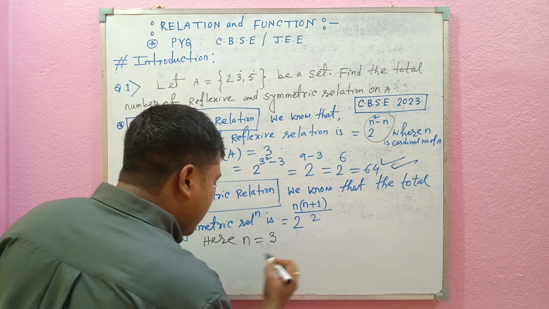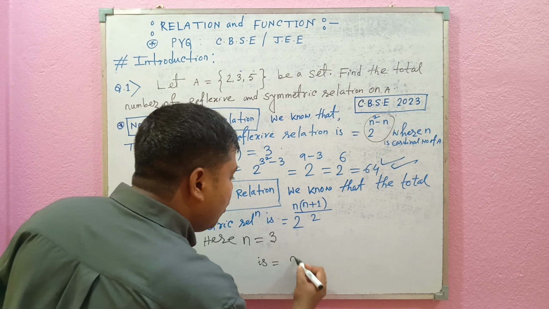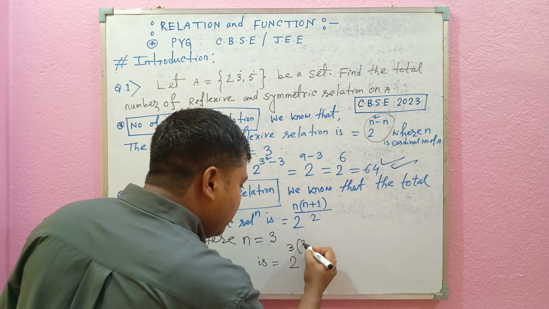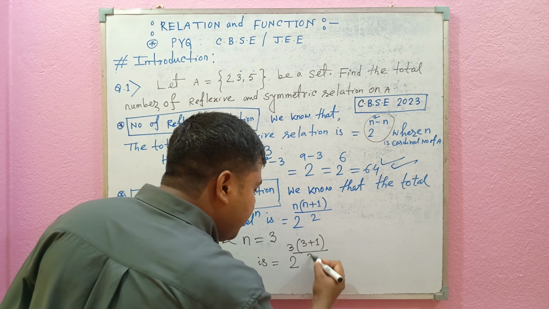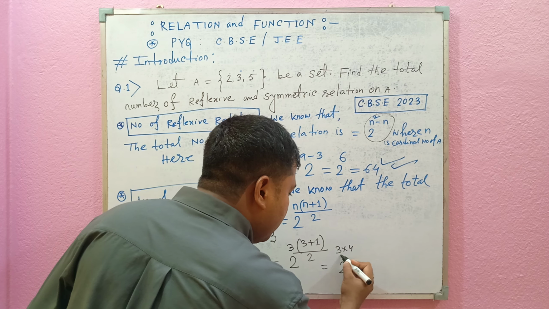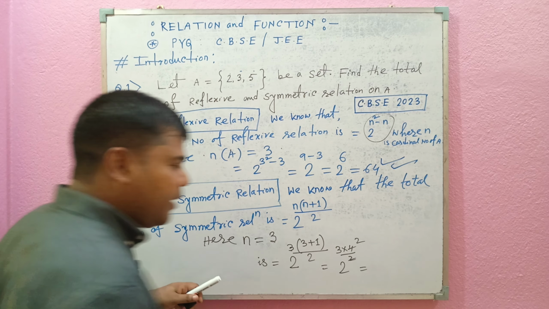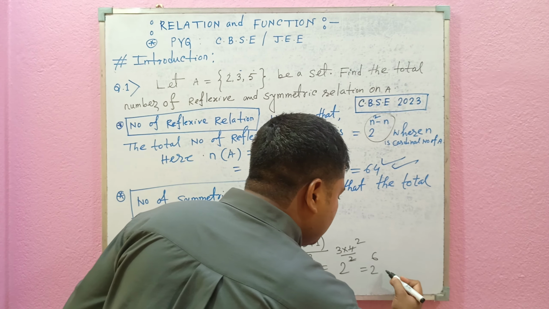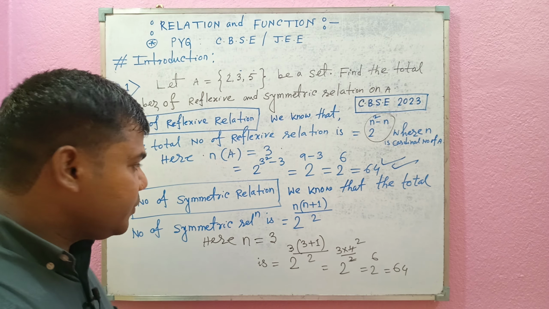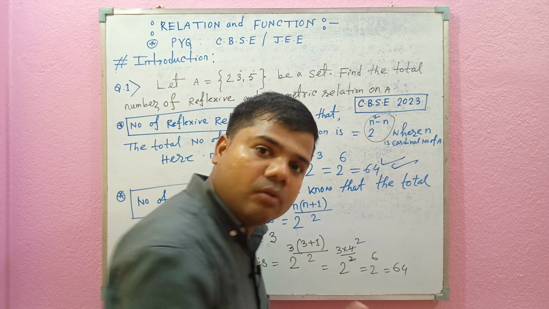So, the total number of symmetric relations is 2 to the power 3 into 3 plus 1 all divided by 2, which is 2 to the power 3 into 4 by 2, that is 2 to the power 6, which is equal to 64. Hence, the total number of symmetric relations is 64.